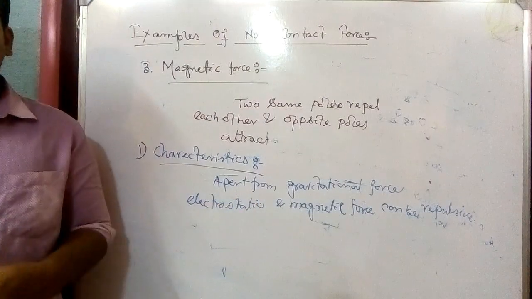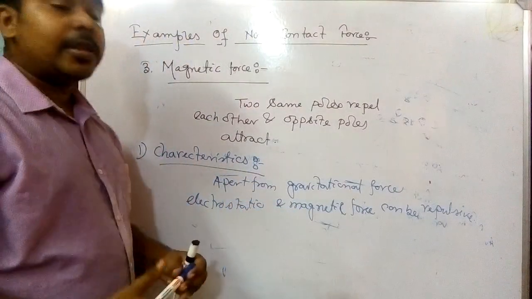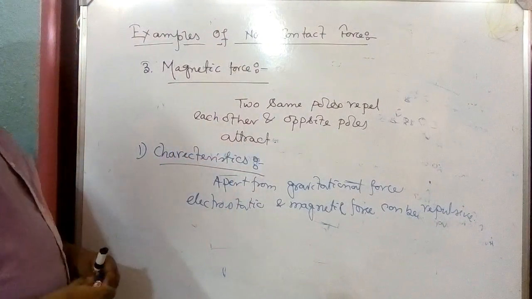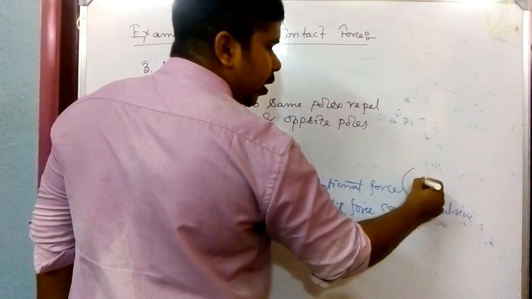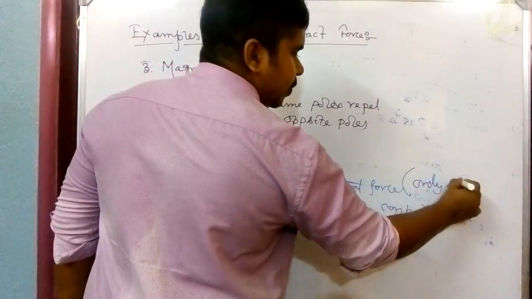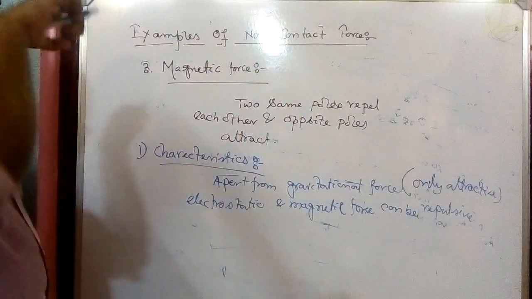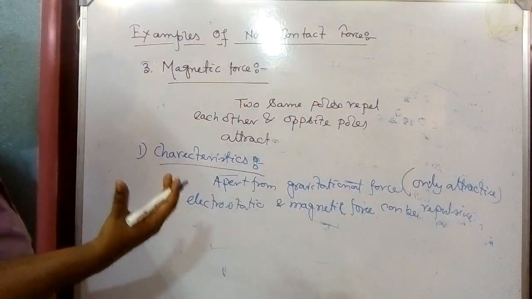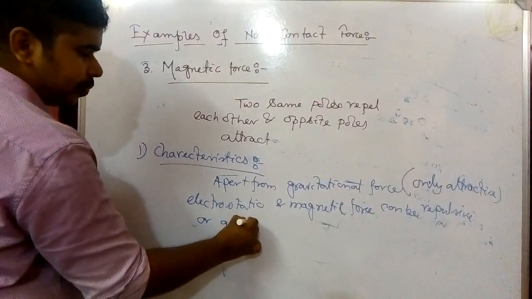So these two forces can be repulsive, and gravitational force is only attractive. Electrostatic and magnetic can be attractive or repulsive.